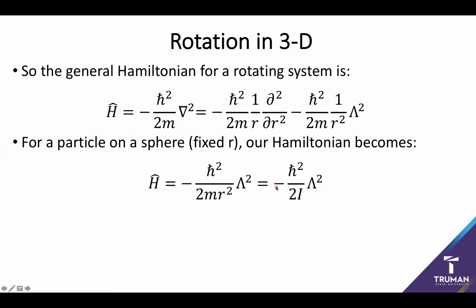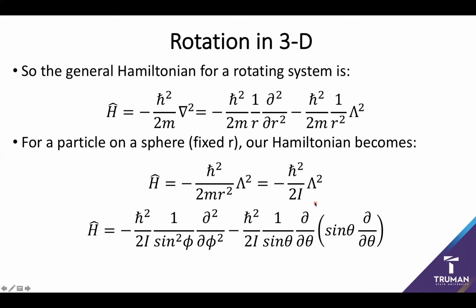So now it's just going to be in terms of good old Planck's constant and our moment of inertia, which we've played around with before. And okay, the Legendrian still isn't exactly going to be our best friend, because when expanded, this is still not the nicest equation we've ever worked with.